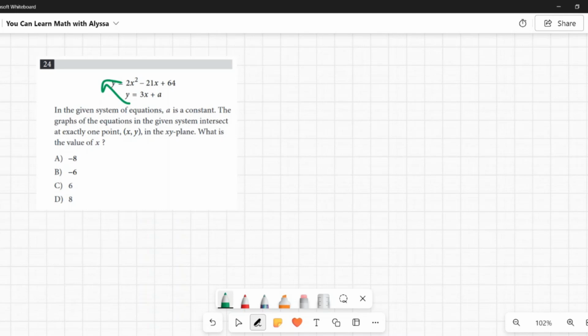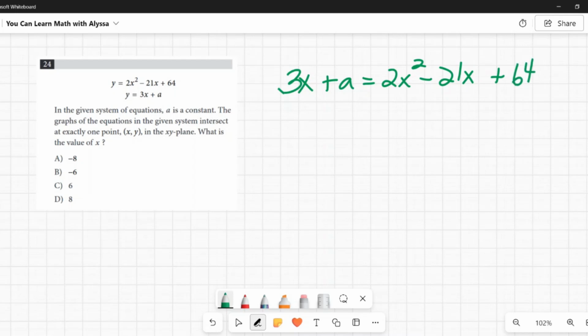Okay, so plugging 3x plus a in there, you get 3x plus a equals 2x squared minus 21x plus 64. Now I'm going to put everything over here so it's equal to 0, and then I can do some more fun stuff with it. So I'm going to subtract 3x from both sides.